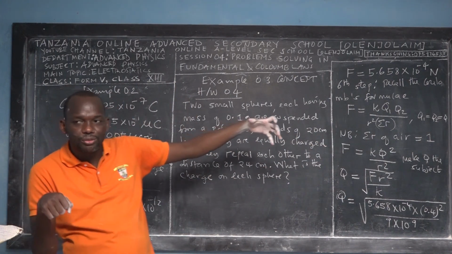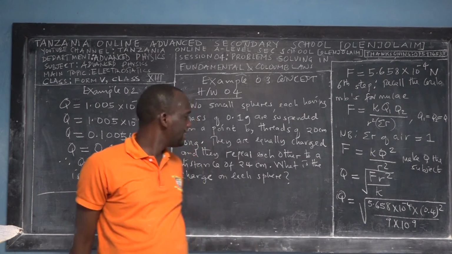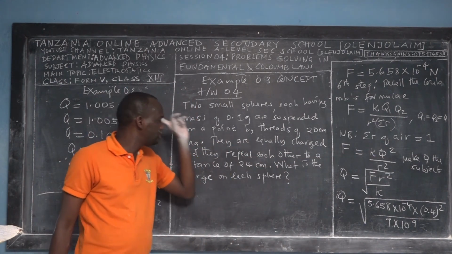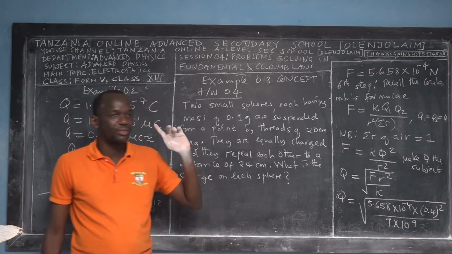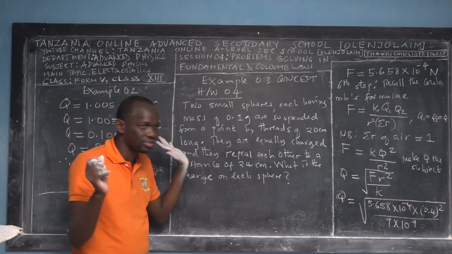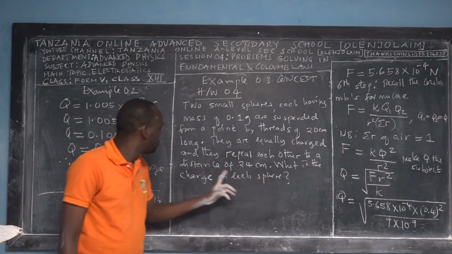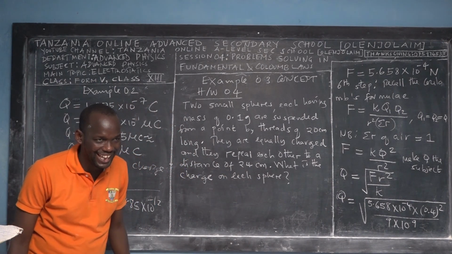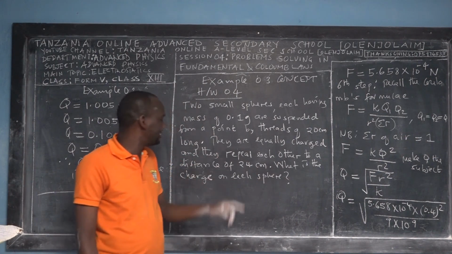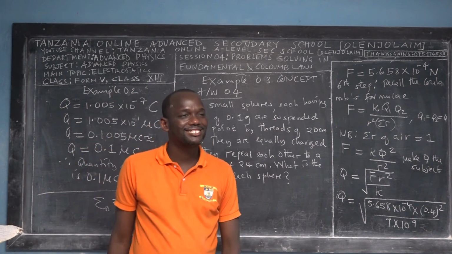This is the length of the thread. They are equally charged, those two small spheres, and they repel each other. What does it indicate? I don't want to tell you because it's homework. To a distance of 24 centimeter. Fantastic. What is the charge on each sphere?